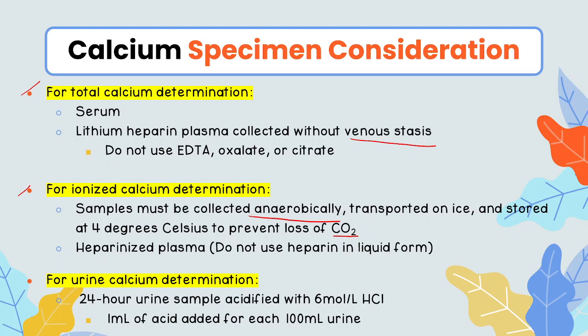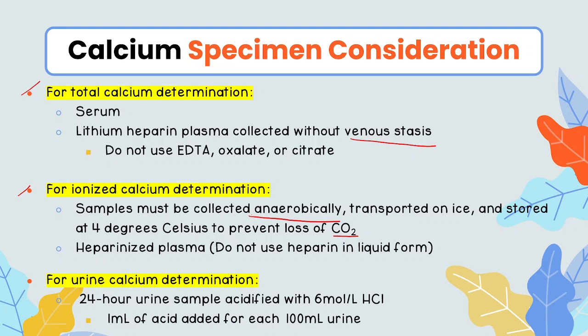And when we say anaerobic, kids, the first thing that should come into your mind is in terms of using evacuated tube system. Kasi syempre, in your evacuated tube system, di ba, it is a closed system, so meaning to say there is no introduction of your oxygen, of your carbon dioxide, walang mga ganun. Because we are directly placing your blood sample into your tubes.